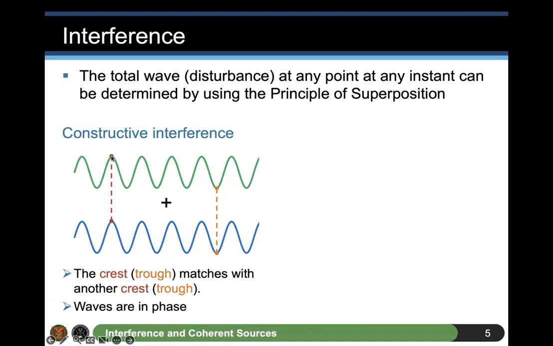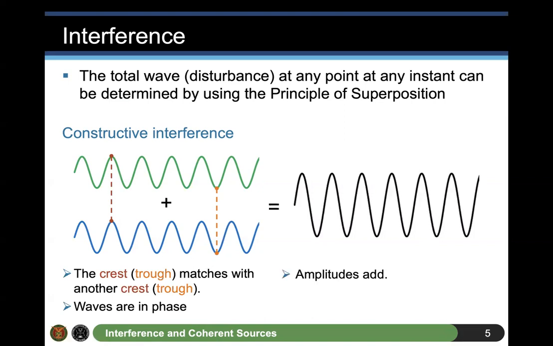And then if the crest of one wave matches with the crest of another wave, as well as the troughs match as well, then we say the waves are in phase. Okay? If the waves are in phase and we add these two waves, we get a new wave shown here in black line. Okay? And this new wave has a higher or a bigger amplitude than any of those two waves that used to be added to produce this. Okay? So amplitudes add for constructive interference.